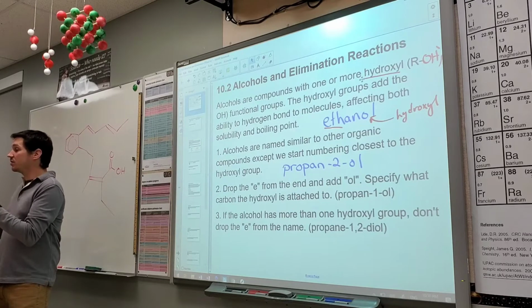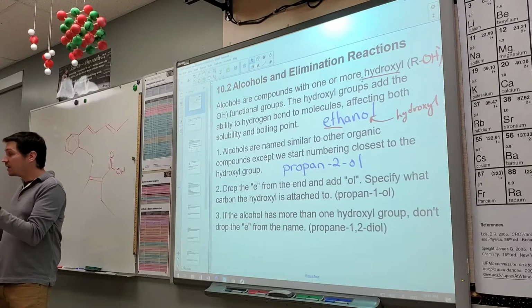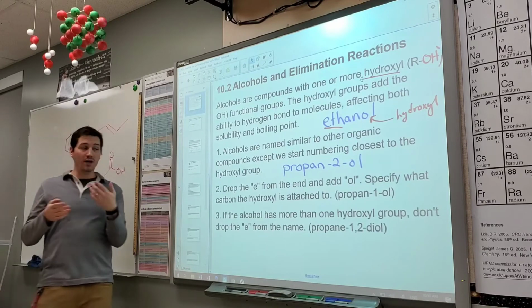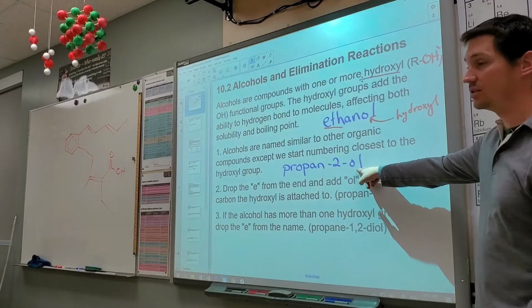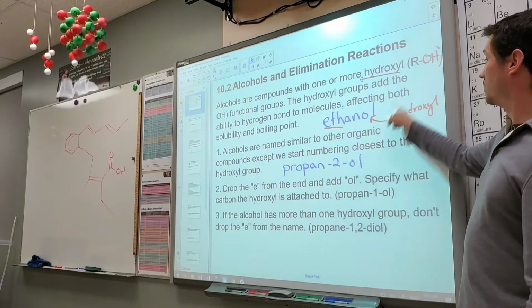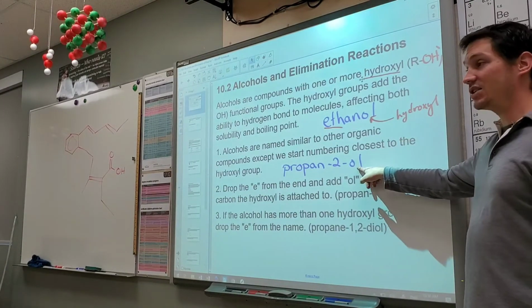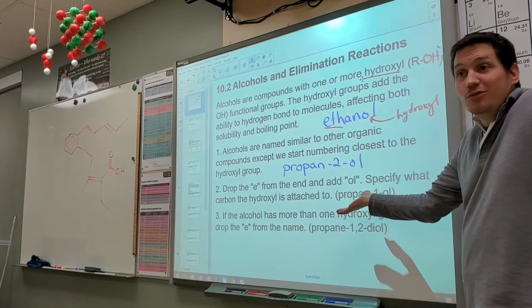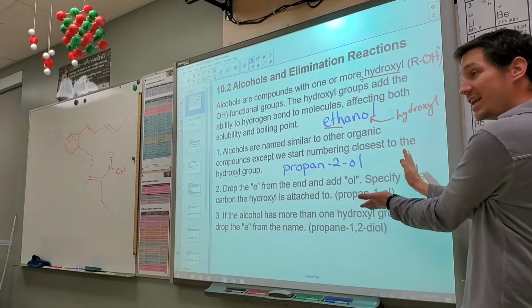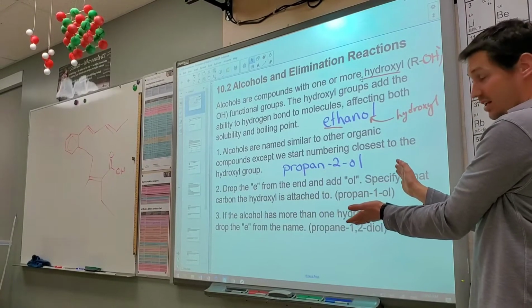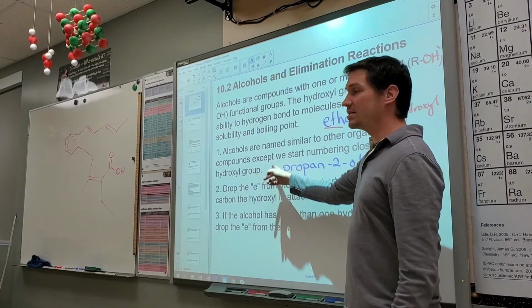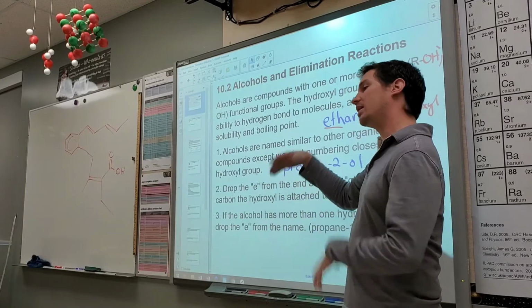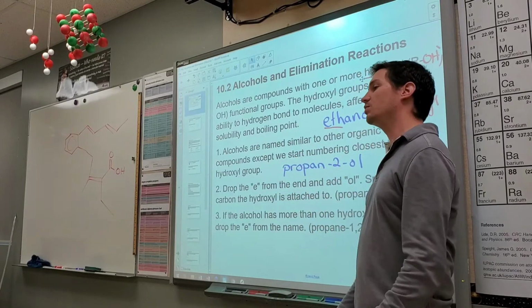How many carbons are in propan-2-ol? 3 carbons. What's the only functional group that you see on propan-2-ol? It's an -ol, so it's an OH. And where is it attached? Carbon number 2. Does this system of naming make sense? Yeah. The reason why we didn't put the 2 at the front is because we might have other methyl or ethyl groups on here as well, right?